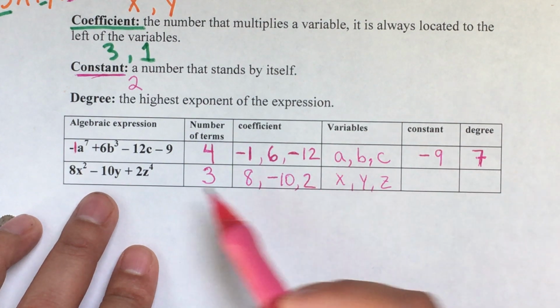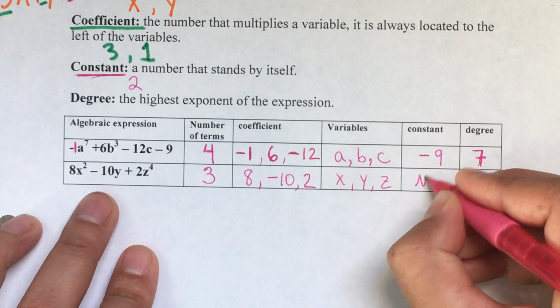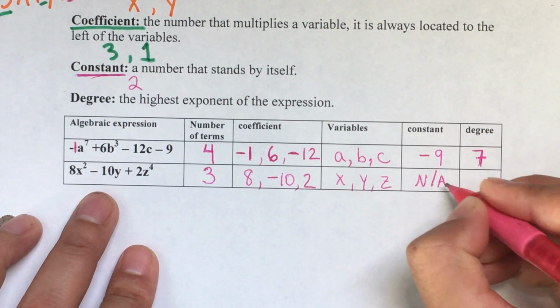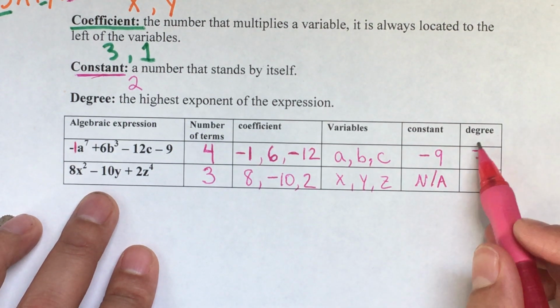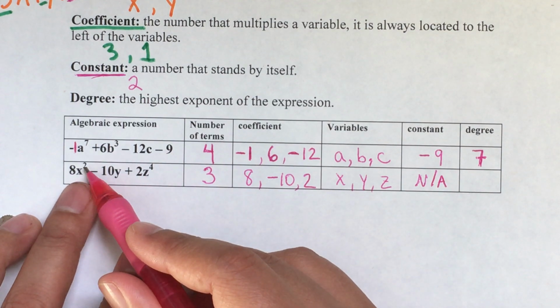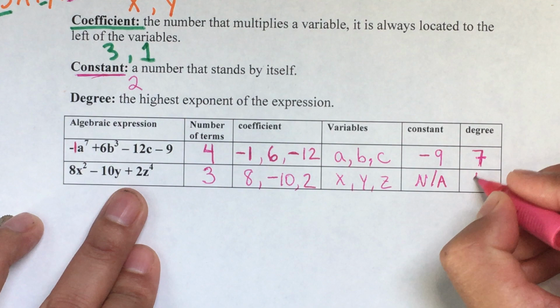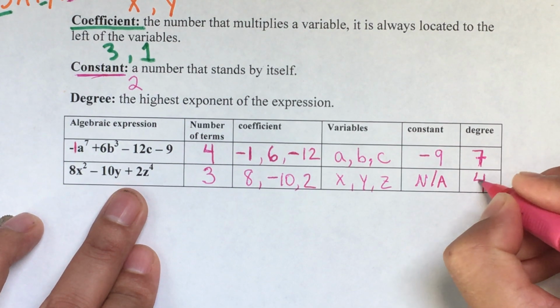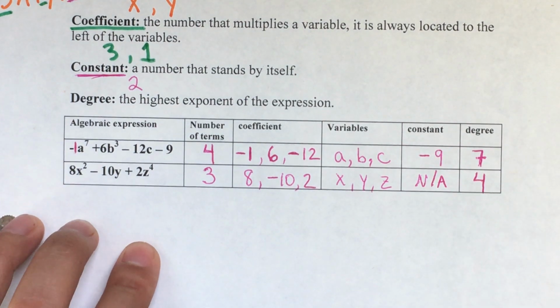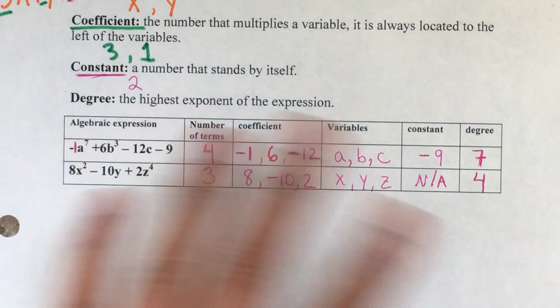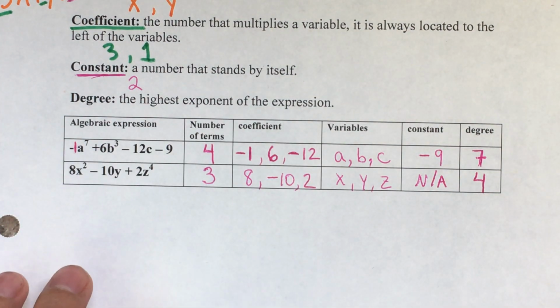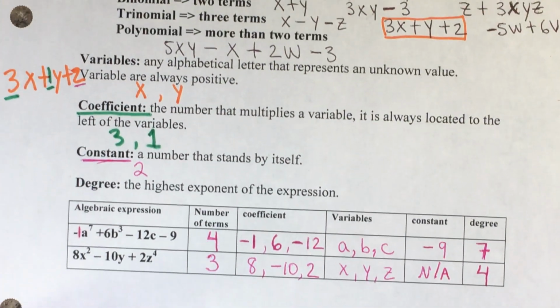The constant, we don't have a constant, so we are going to say not applicable, no aplica. And the degree, we have a 2 in here, and we have a 4 in here. So the biggest one is 4, so that will be the degree. Okay, so now you're able to complete page 2 with this lesson, and I hope you have fun.